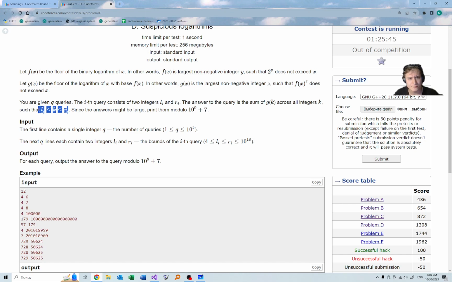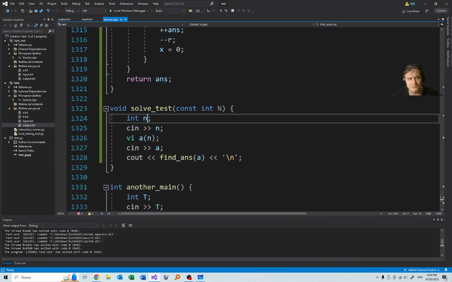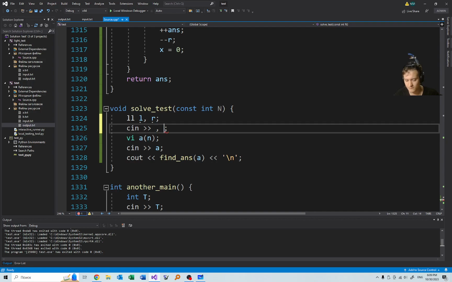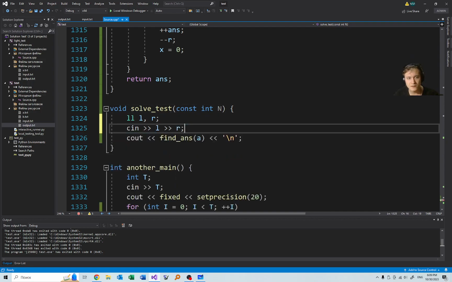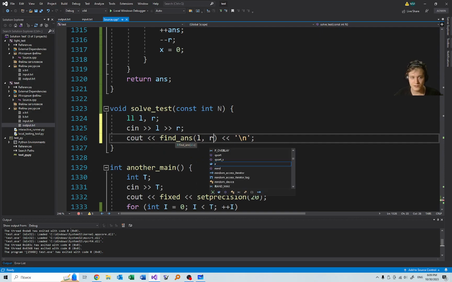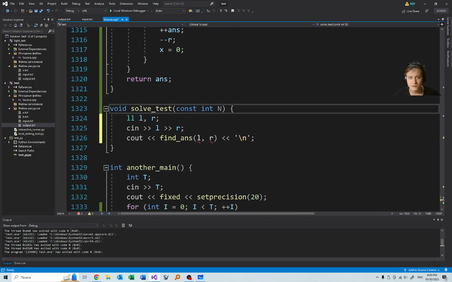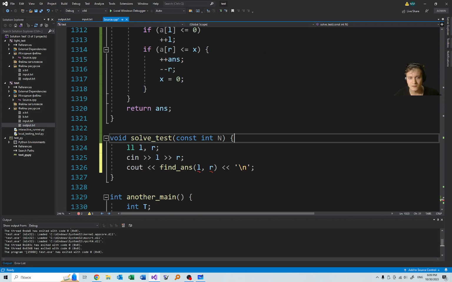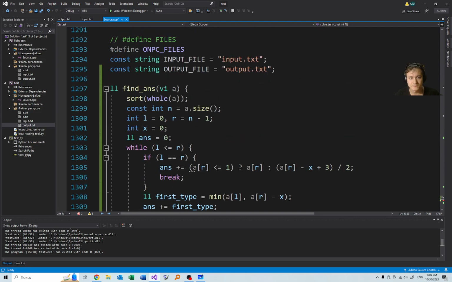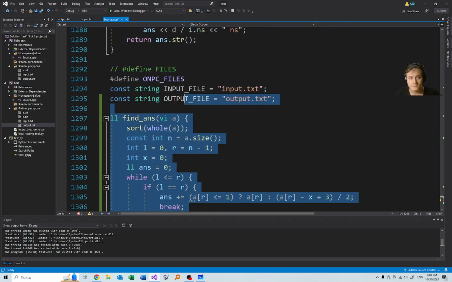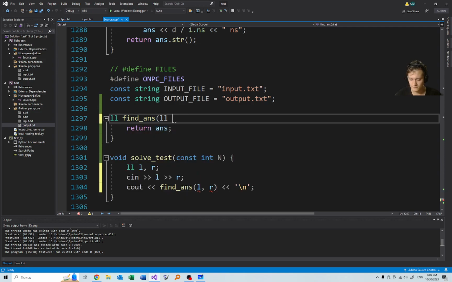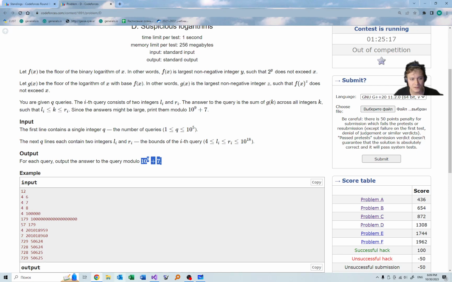We read Q, we read L and R. And we need to print the answer to this query modulo this number.